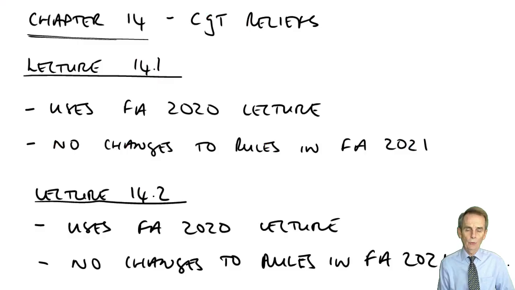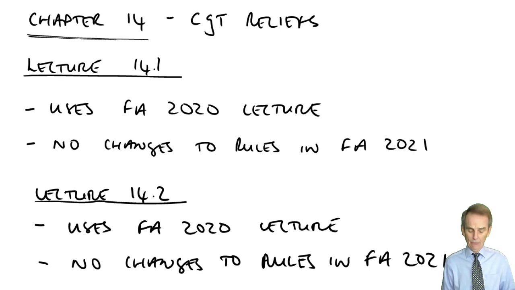Well, here in Chapter 14, we now deal with the various reliefs that are available to individuals to reduce their CGT liability. Now, thankfully, the rules that we have as regards the vast majority of these reliefs have not changed over the last 2 years, which means that we are able, yet again, to borrow from old lectures from Finance Act 2020 and also from Finance Act 2019.